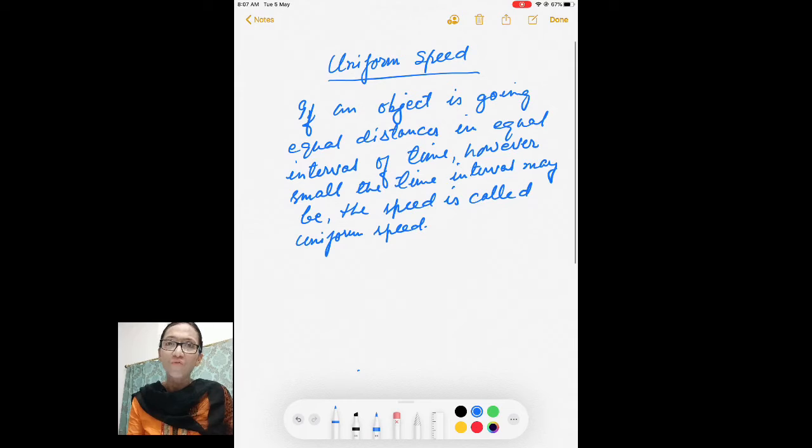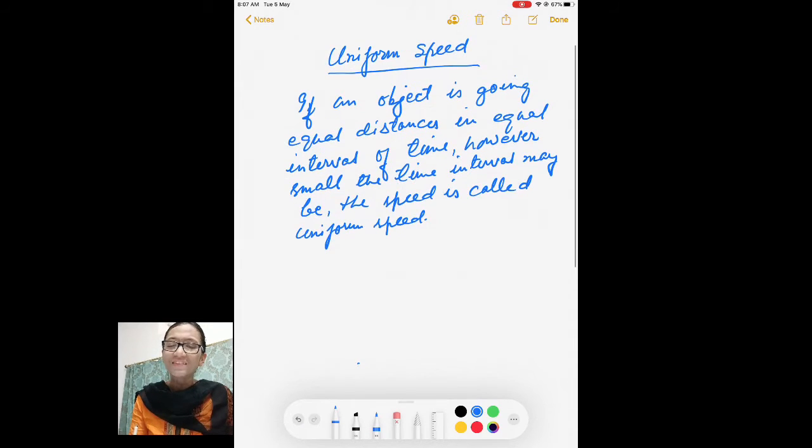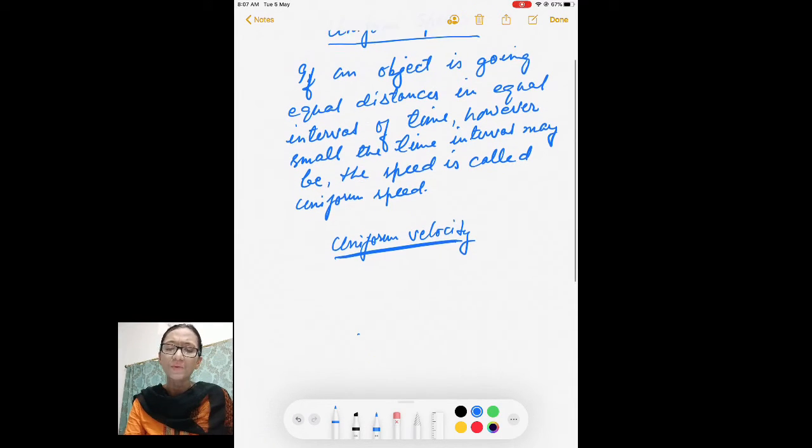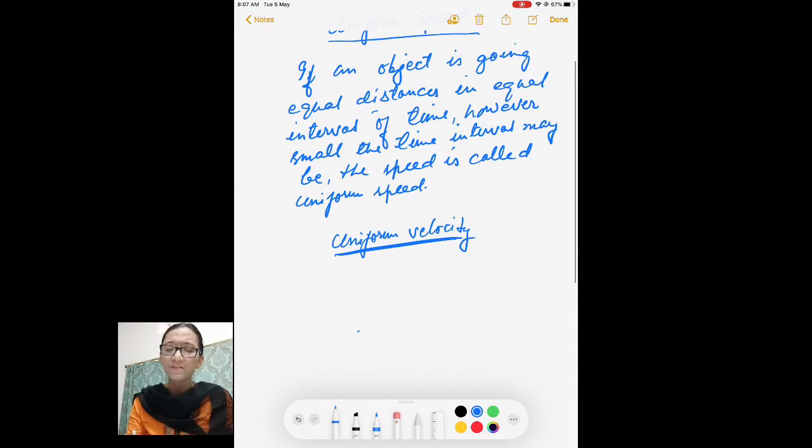Now you have one vector quantity similar to this, that is uniform velocity. Everything same, equal distance traveling in equal interval of time along a straight path, and that is called your displacement. So make a little change in this definition of uniform speed and say equal displacements.